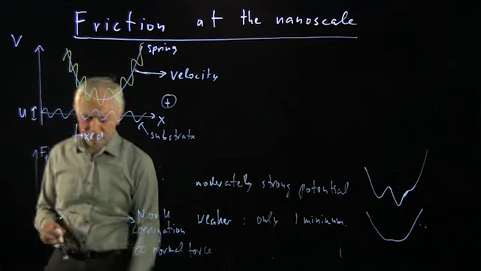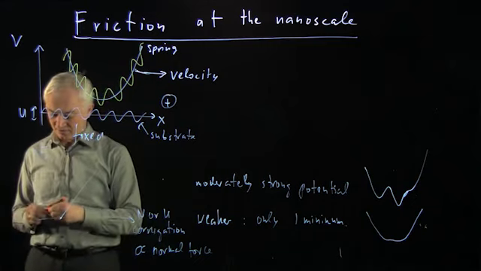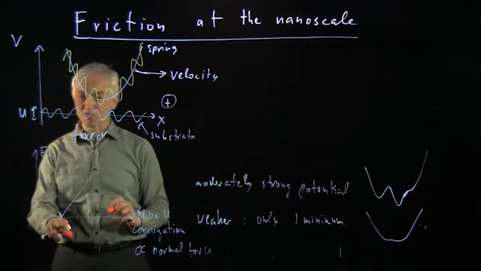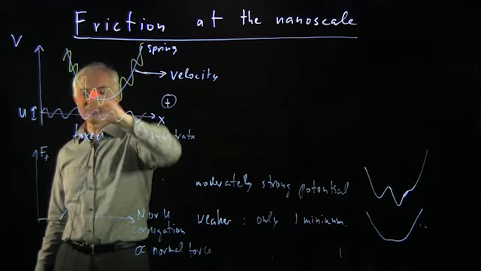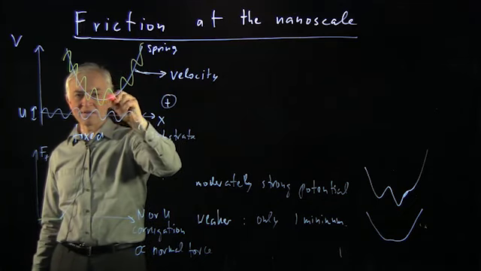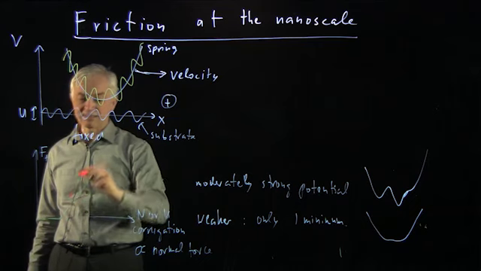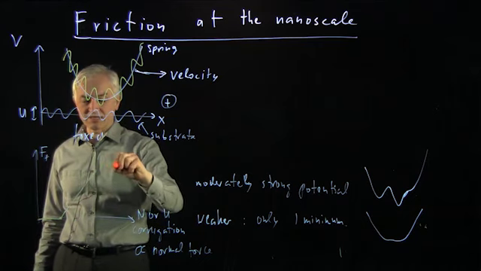So the friction force actually looks like this. It's 0 until the potential becomes strong enough. Basically, you can think of this curvature becoming larger than that curvature, and then the friction force sets in. So this is at the nanoscale.